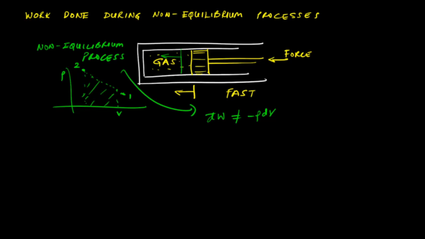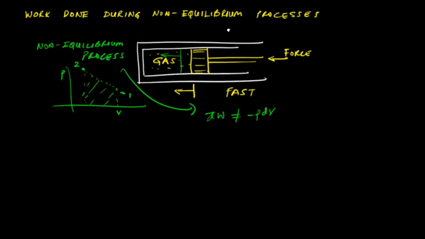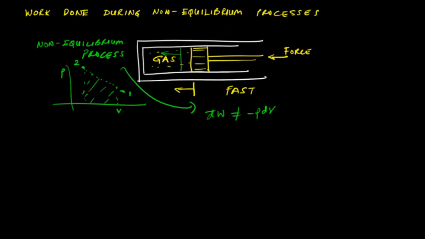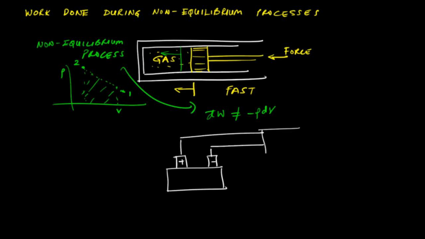Now again, I would like to reiterate that work can be identified only at the boundaries of a system. That is, work is a form of energy in transit. To understand this, let us return to the system where this battery drives a motor and the motor is attached to a pulley.